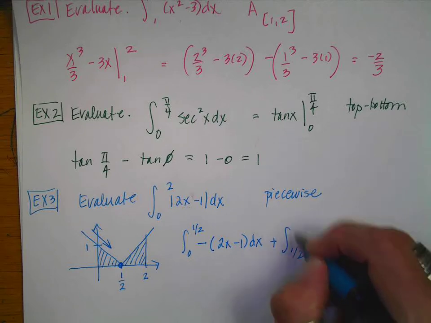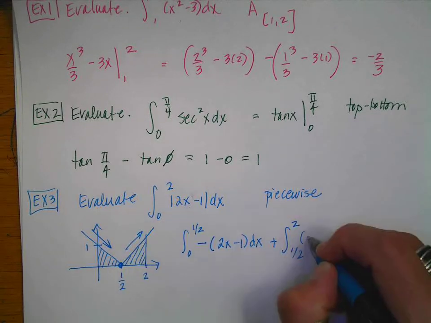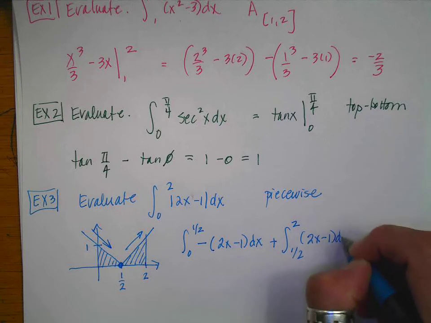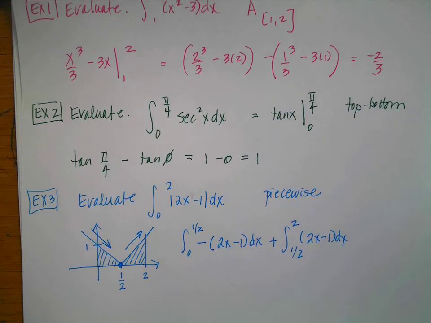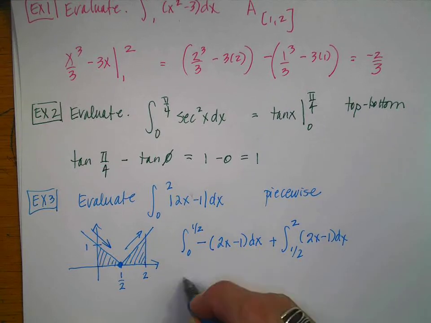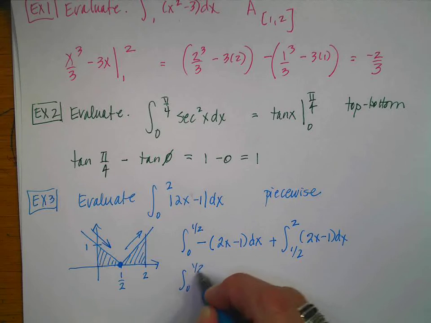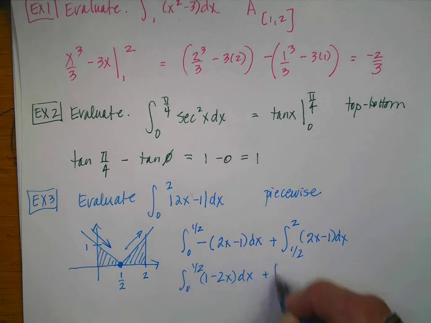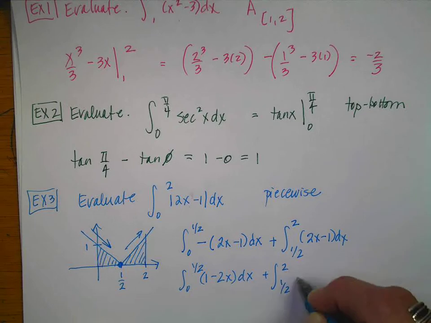Then I'm going to integrate from 1/2 to 2, and that slope is positive, so I would do the positive portion of the absolute value, okay? And so I'm just going to rewrite this one. This is the integral from 0 to a half of 1 minus 2x dx, and then here's my second integral.